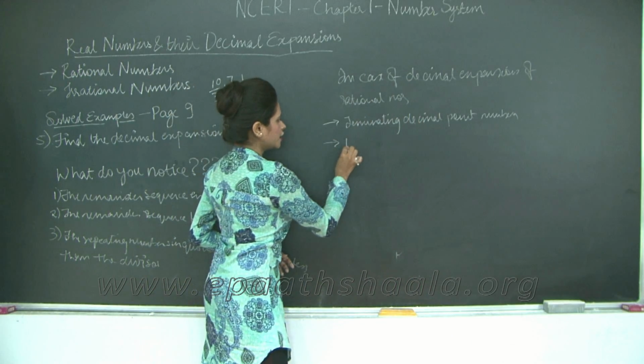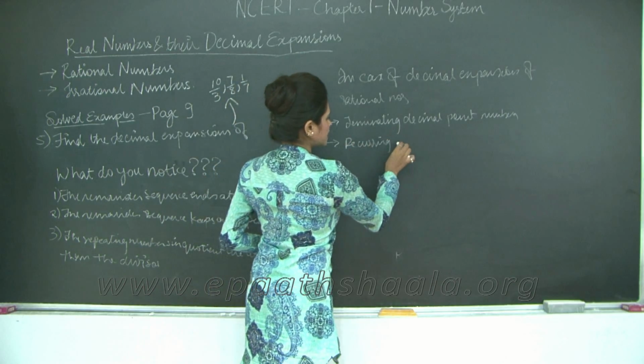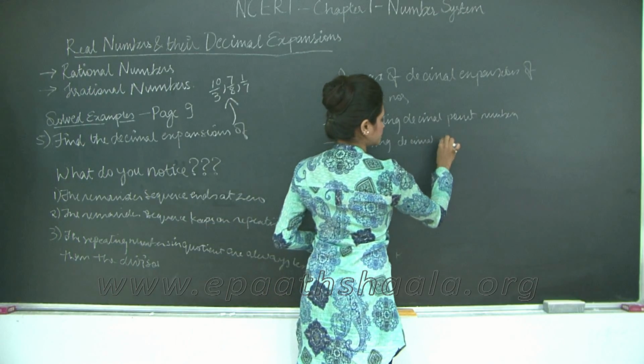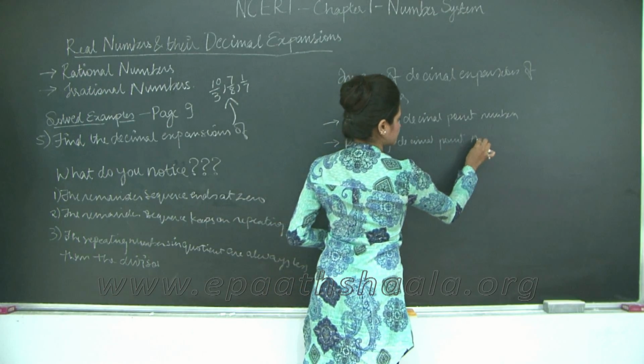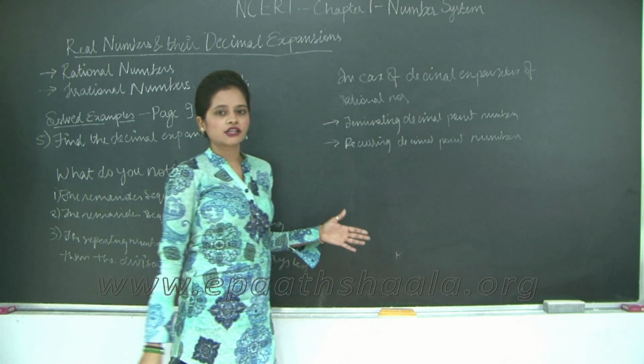We have recurring decimal point numbers. Right? So this was the case of rational numbers.